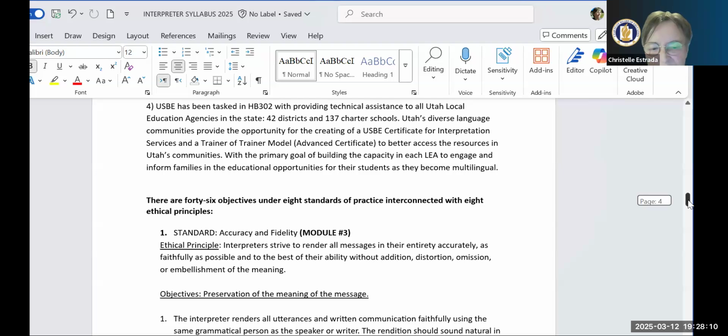So remember, the first standard, accuracy and fidelity. You're not explaining to the parent what the teacher or the principal or the special ed person means. That's not your responsibility.